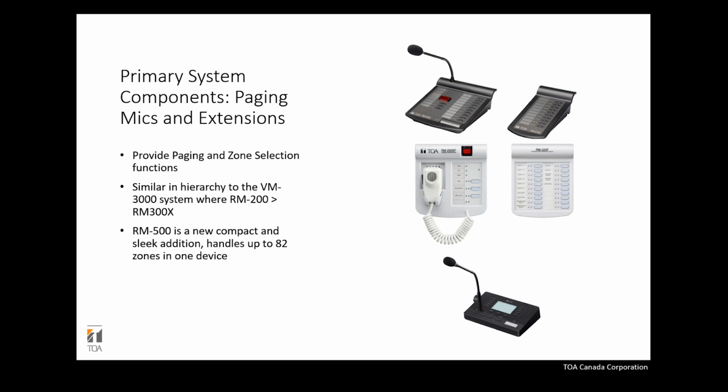There's 3 categories of paging mics available for the VX3000 system. One is the regular paging mic, which is the RM300. There's the RM200 fireman mic, which is dedicated for emergency use for fire departments, and the RM500, which is the newer, more compact paging mic for the VX3000. This is able to handle up to 82 zones in the system.